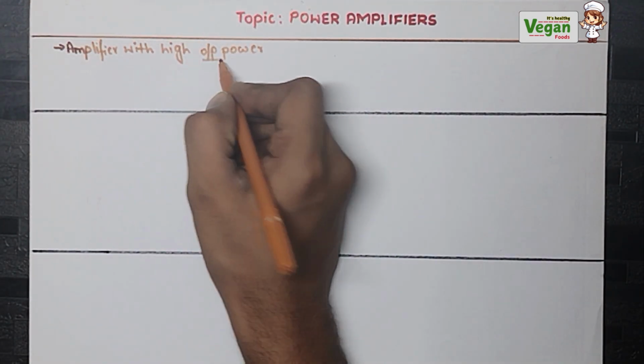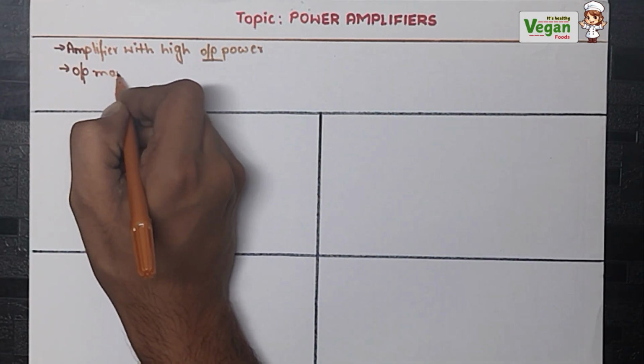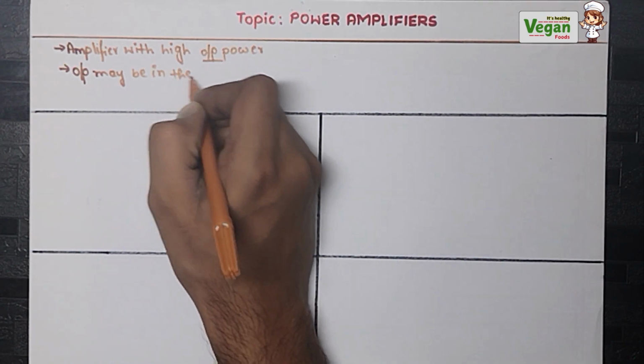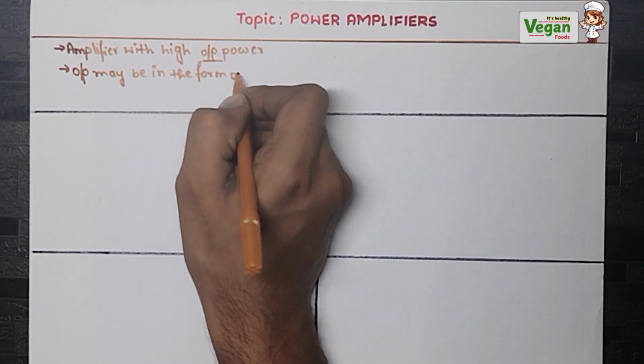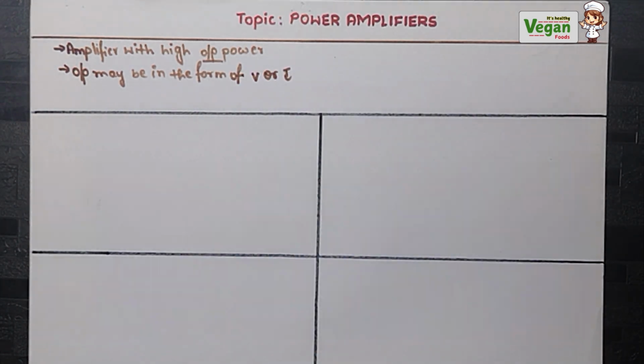The output they produce may be in the form of voltage or current. You can give the input as voltage or current and get output as voltage or current.